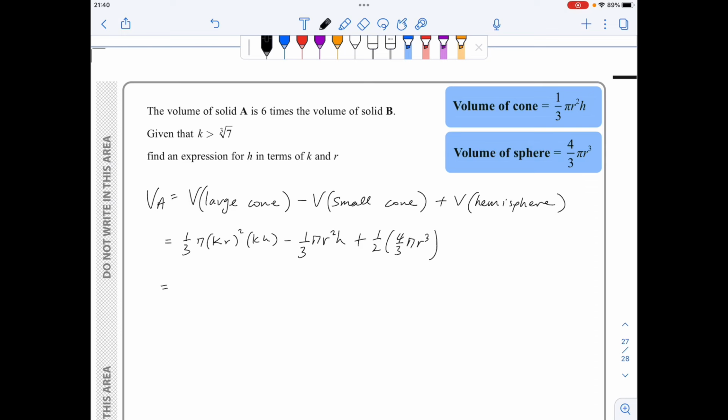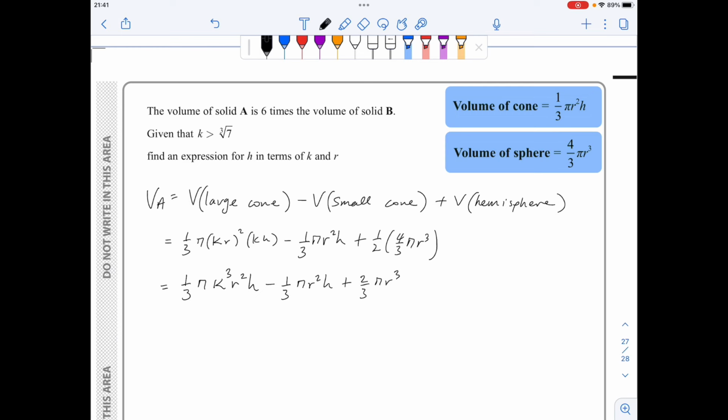Let's simplify: 1 over 3 pi, and then I'm going to have k to the power of 3 r squared h, minus 1 over 3 pi r squared h, plus 2 over 3 pi r to the power of 3.